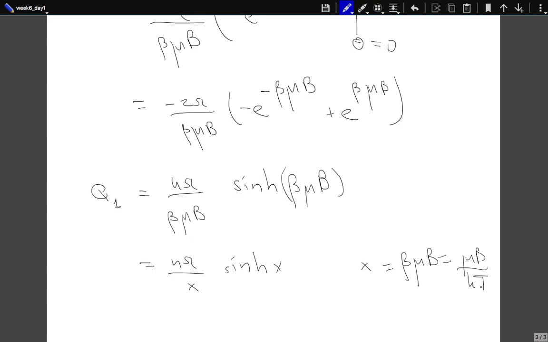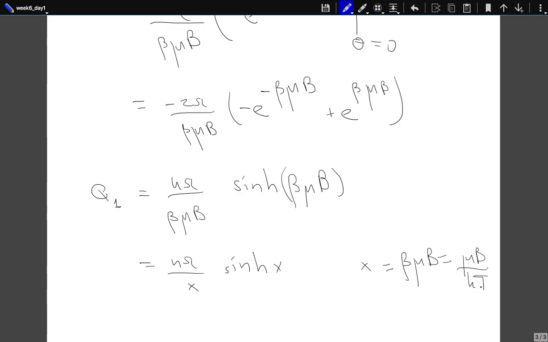The typical energy of my system will be of the order of mu b. In the quantum mechanical picture, twice mu b will be the excitation energy. But in the classical picture, the energy can take any values, but the typical energy of my magnetic moment, if it's aligned in some random direction, would be just mu b. Whereas kT is the thermal energy of the system.